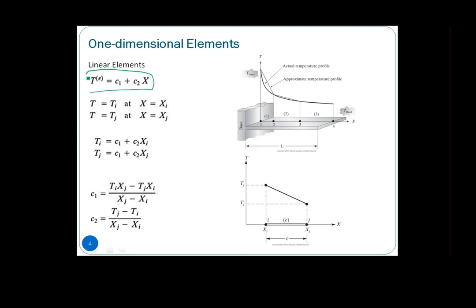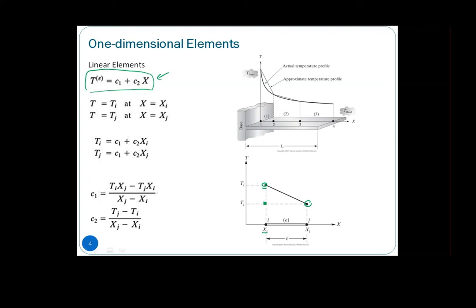So that gives us that equation, right? If we substitute T equals Ti at x equals xi, we substitute these two points into this equation to find the unknowns C1 and C2, right?